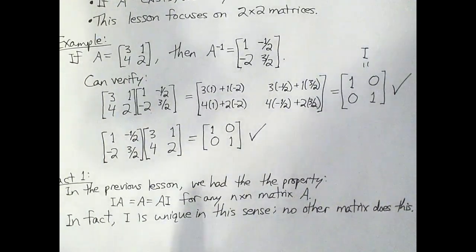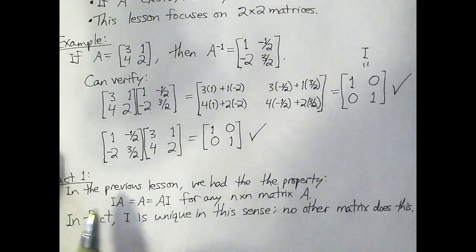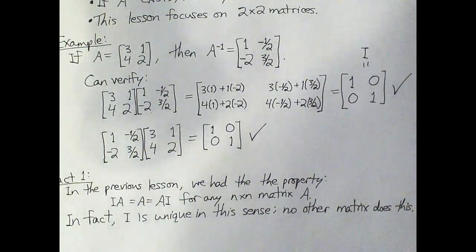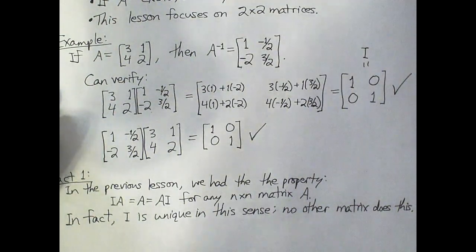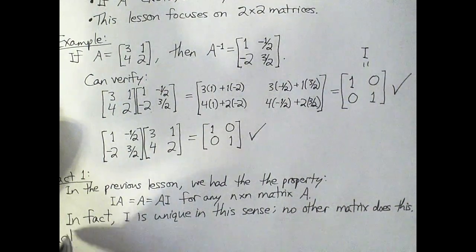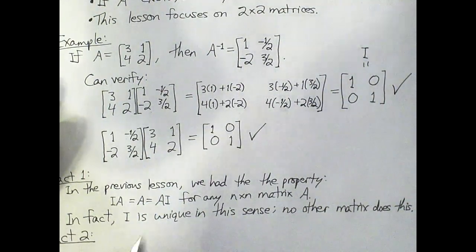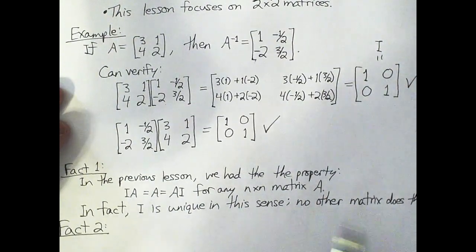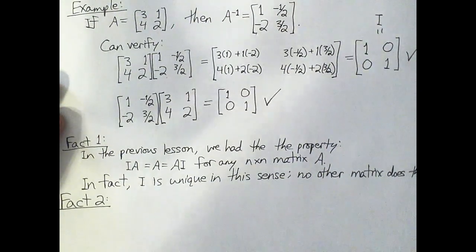I is the only square matrix that is going to have this property for every n by n matrix A. So there's only one multiplicative identity, and that's why we call it the identity matrix. There is only one. It could be 3 by 3 or 4 by 4 or 5 by 5, whatever size, but there's only one for each n, I guess you could say. So that's a fact that we might have been kind of assuming, but this might be the first time that I actually wrote it out explicitly. I is the only matrix that does that.